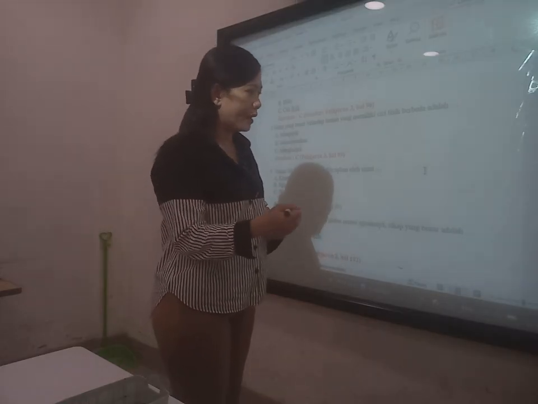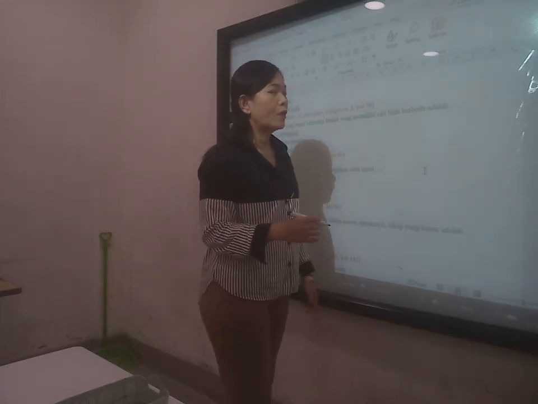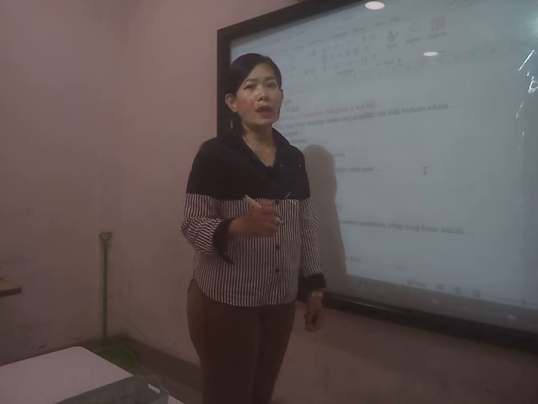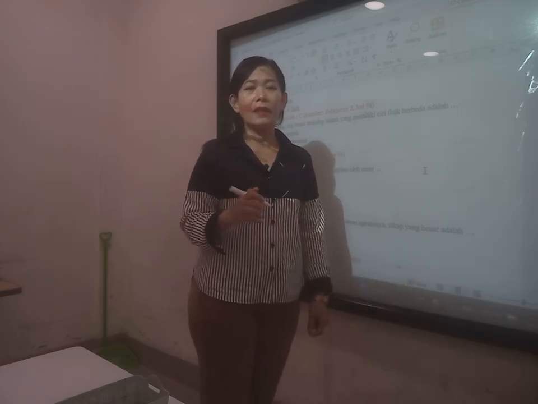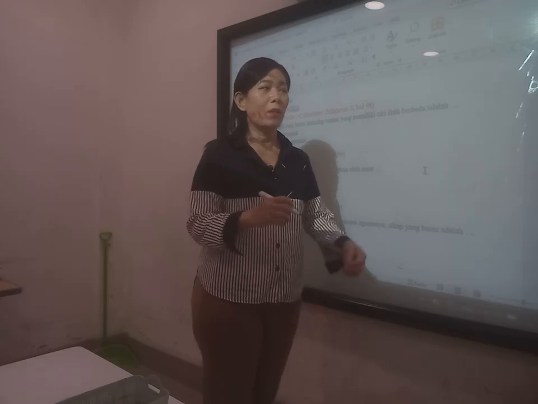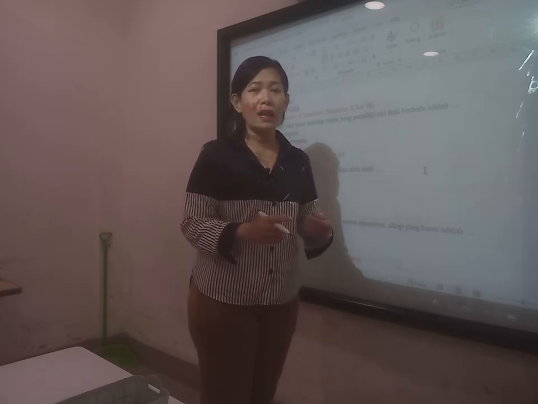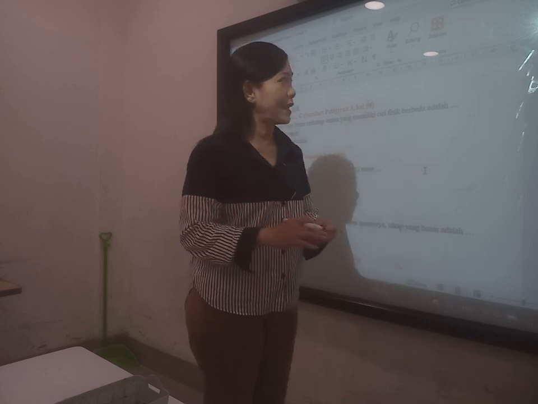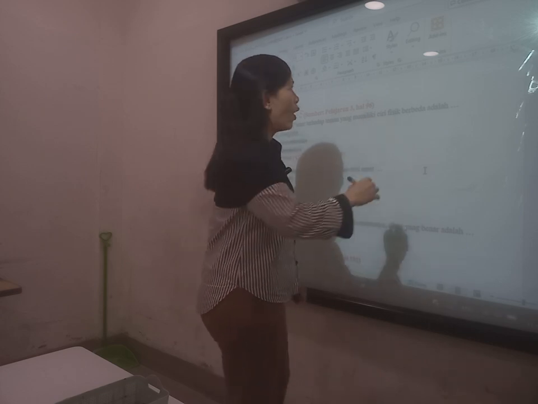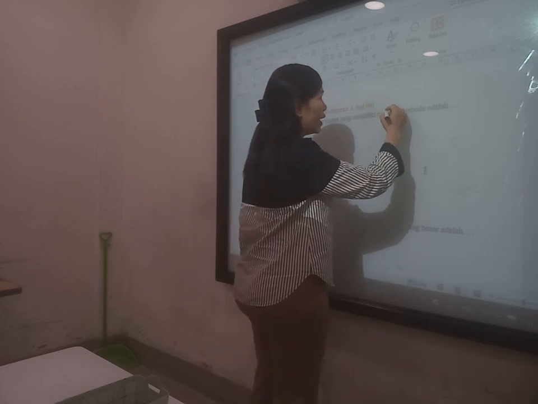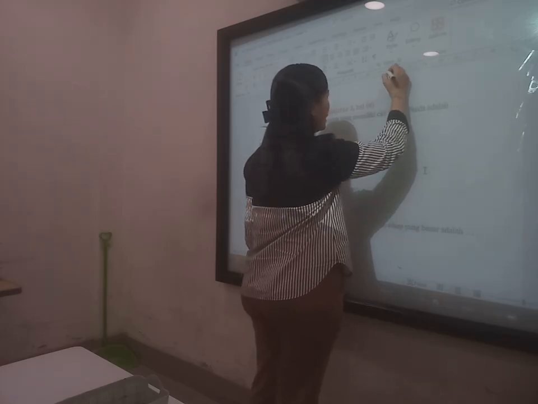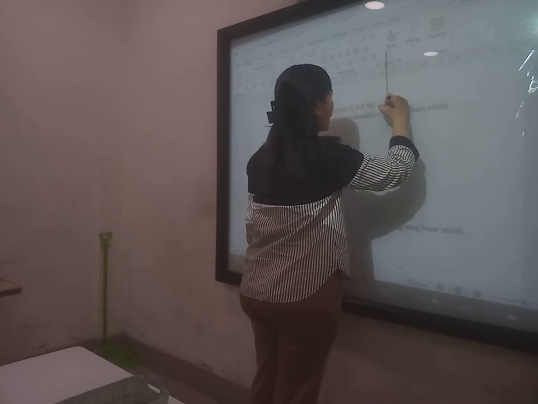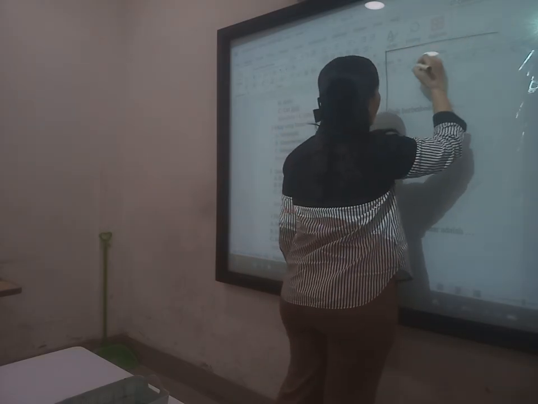By block graph here, for example for the P2A class, to make the data, firstly we collect the questions and then give the questions so that they will answer. For example, in P2A, from 10 students, how many students like, let's say, juice?